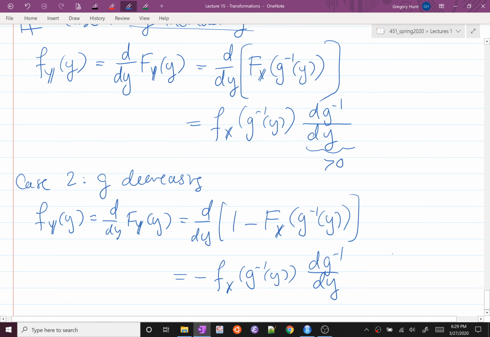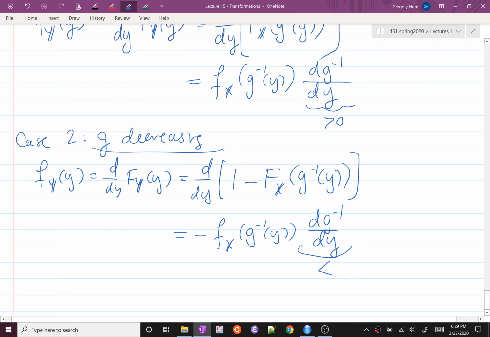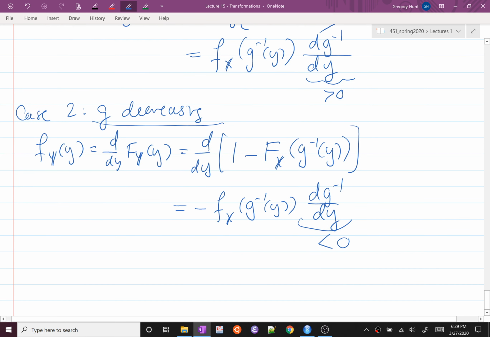Now when g is decreasing, this thing is less than 0. And so if we multiply by the negative there, we could move that negative. And if we multiply that thing that's negative by -1, that's the same thing as just taking the absolute value, right?